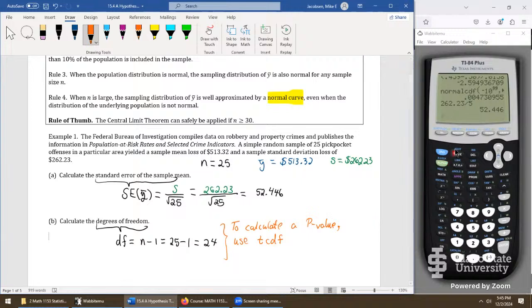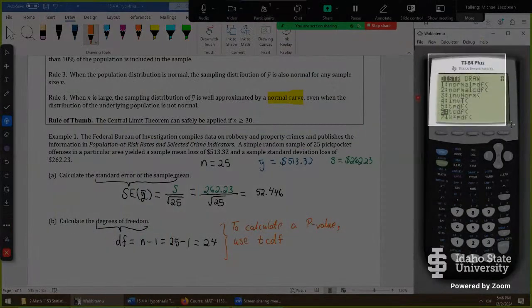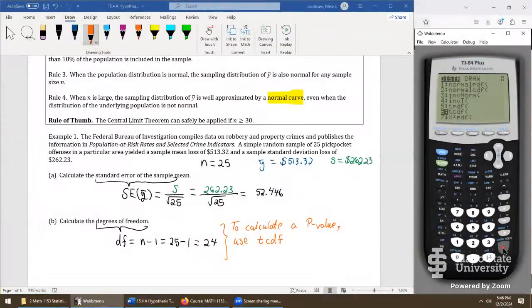So you'd use tcdf. That means you go here in your calculator, hit 2nd vars, go down to this option all the way down below here, tcdf. Looks like it's option 6. I think that's a worthy screenshot. If you enter there, option 6 wants a lower bound, an upper bound, and a degrees of freedom. So very similar to what we did for hypothesis testing with the proportion.